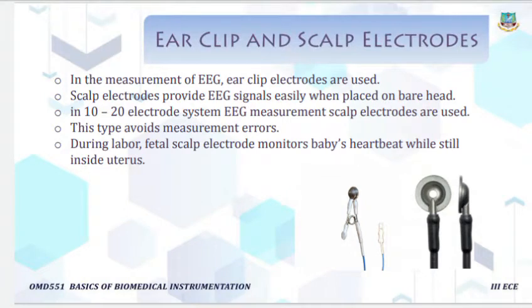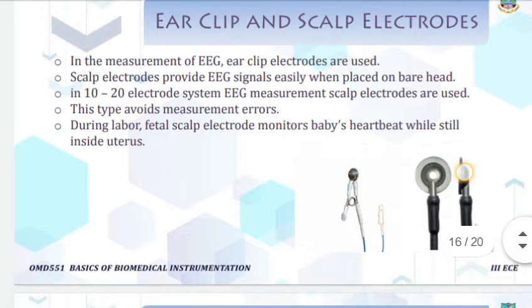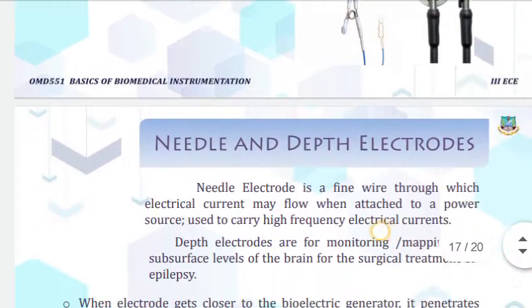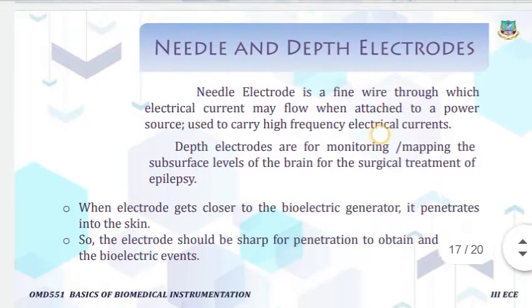Also, it is used to measure the heartbeat of the baby when the baby is inside the uterus. That is the fetal scalp electrode. During labor, the fetal scalp electrode monitors the baby's heartbeat while still inside the uterus. So these all come under the surface electrode.